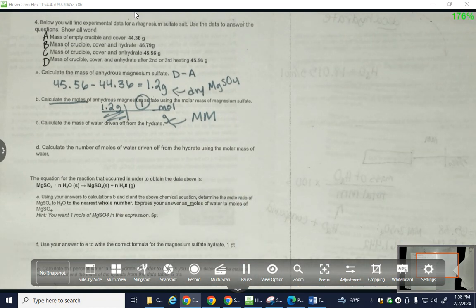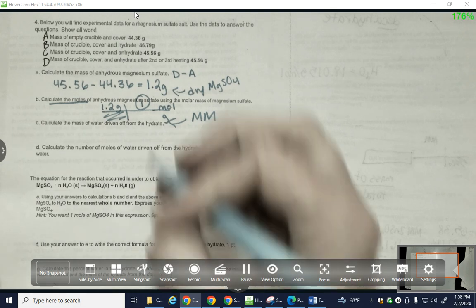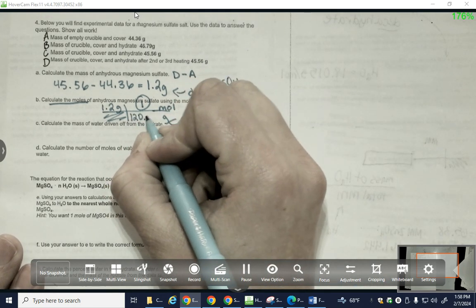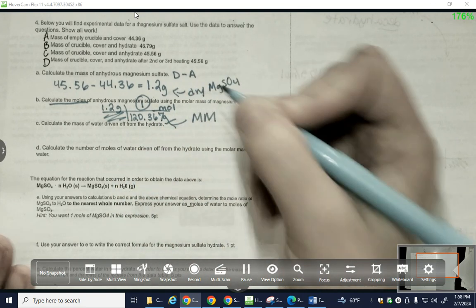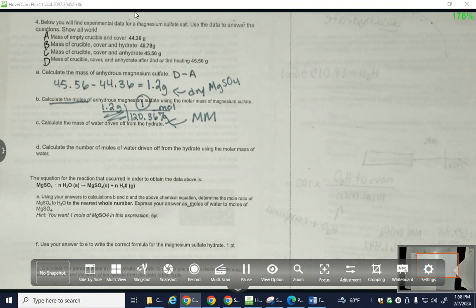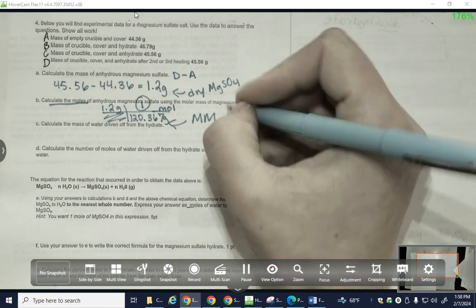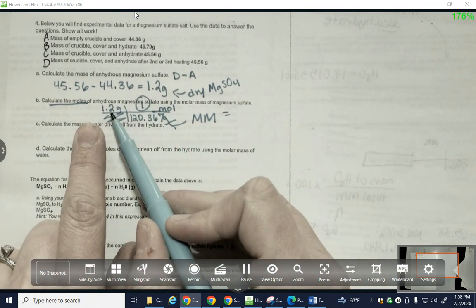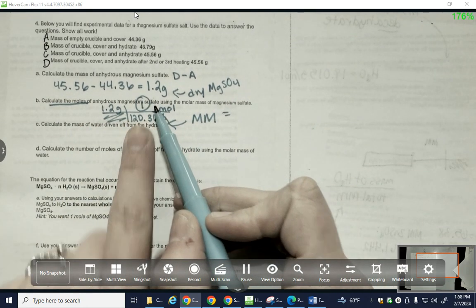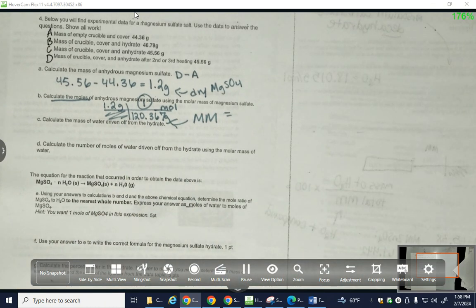So my people who happen to have magnesium sulfate, what was your number? 120? What was it? 120 what? Yes, okay. 120.367. Sounds great. Okay. So at this point, what we're doing, we have 1.2 times 1, and then divide by that 120.367.